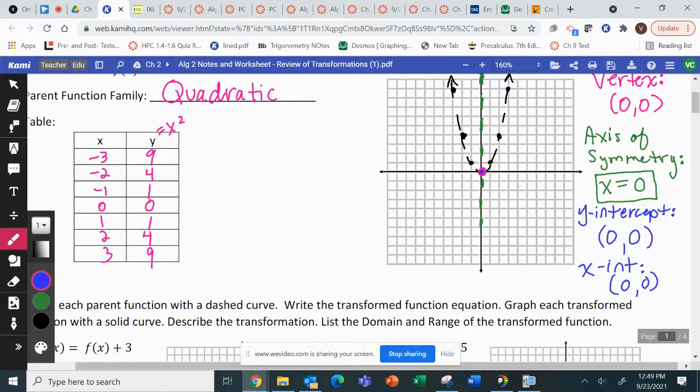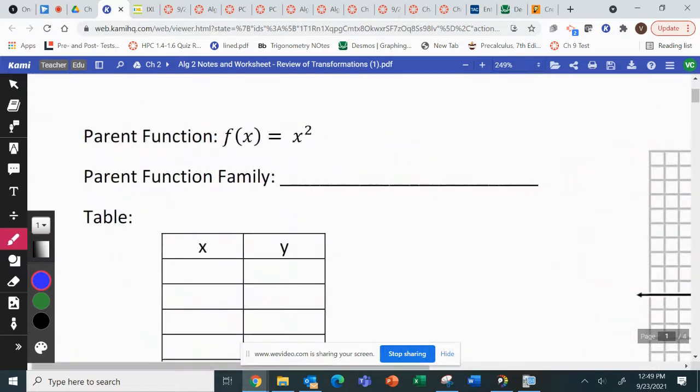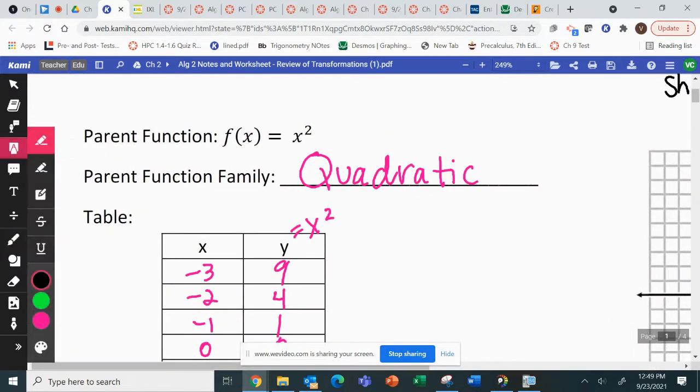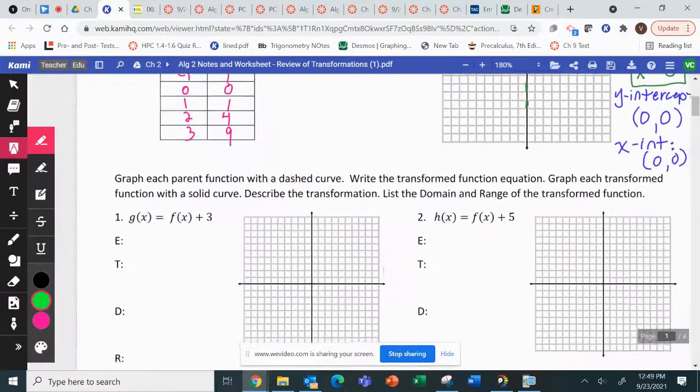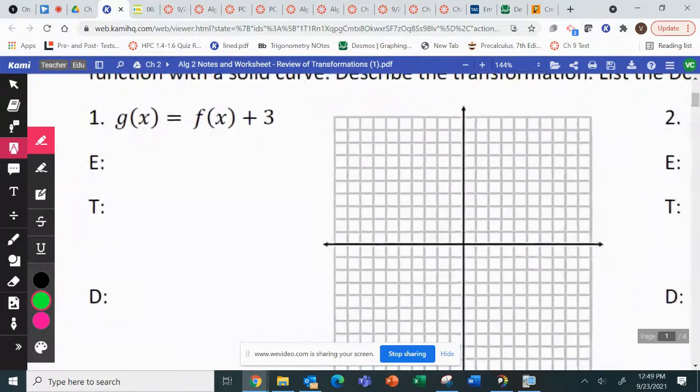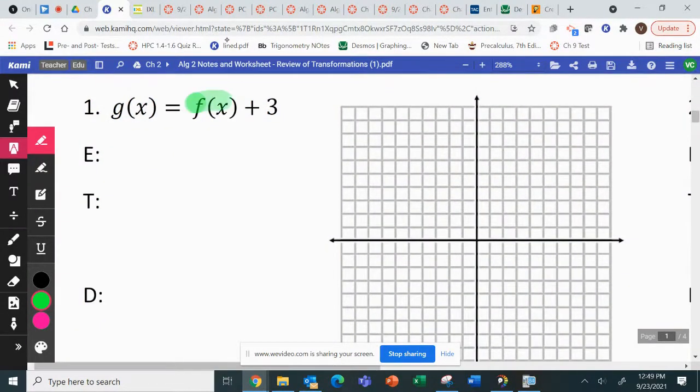What we're going to do is, this is f of x, x squared. That's our parent function. If you look at every single one of these examples, all of them have an f of x and then some sort of transformation. So the first thing that we're going to do is we're going to all plot the f of x.